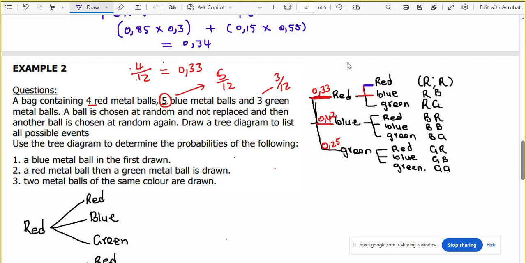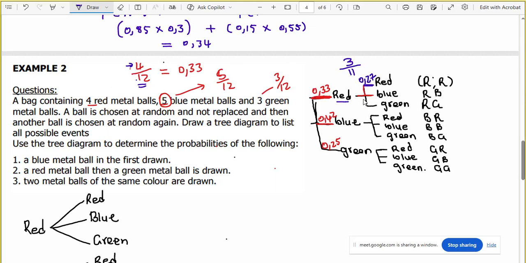If we already picked 1, there are 3 left, over how many are inside the bag? If the first event was red, there are still 11 balls. They are no longer 12. We no longer have 4 because in the first event we picked red. You understand? Yes, sir. So the probability will be 3 over 11, which gives us 0.27.